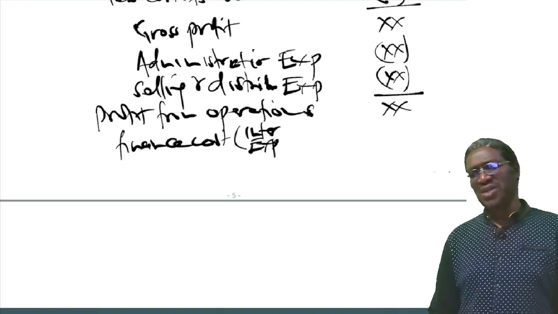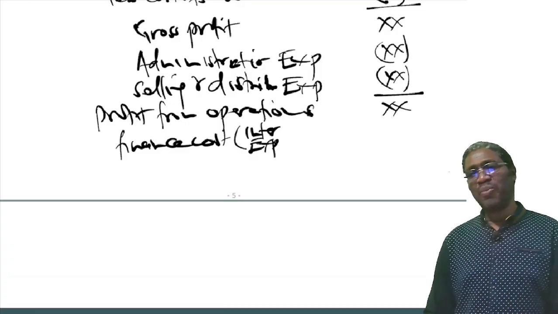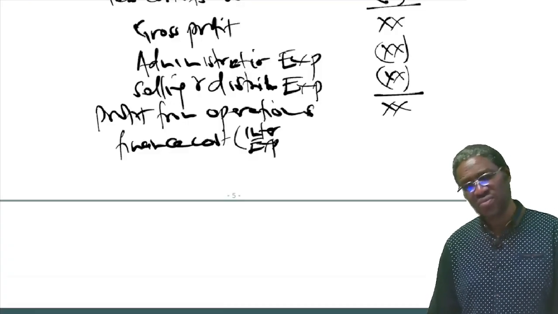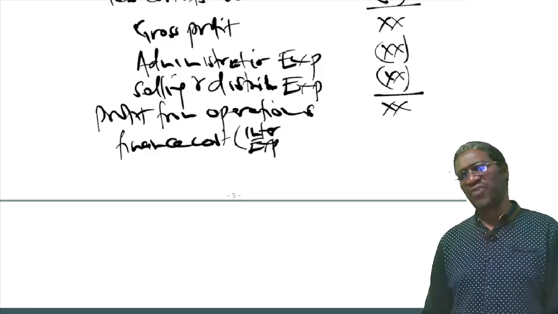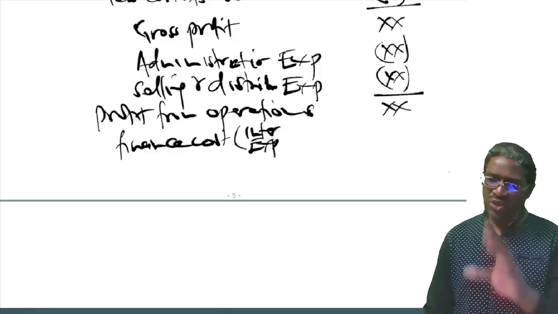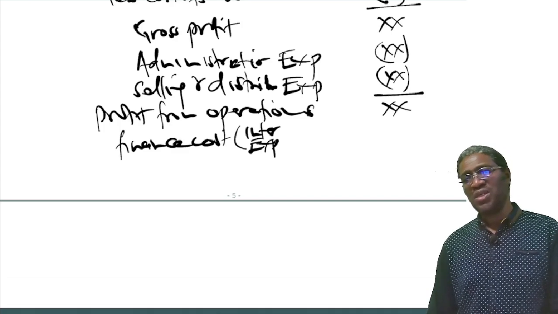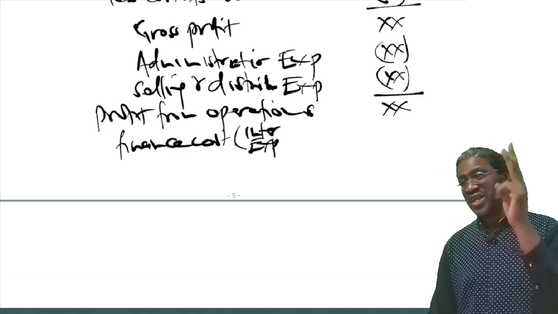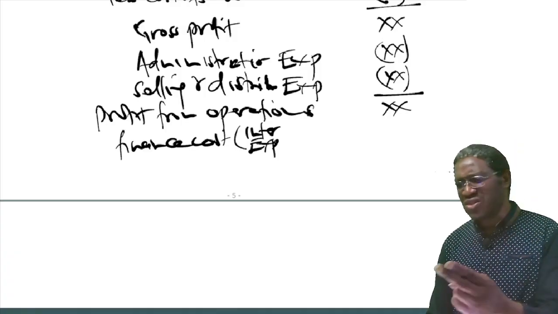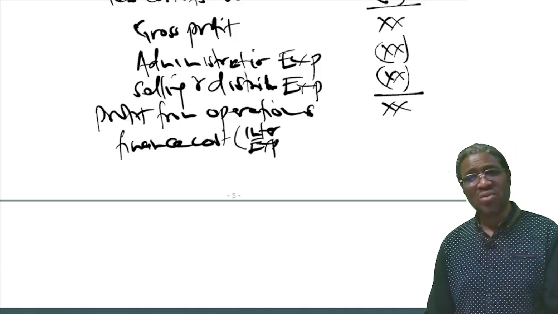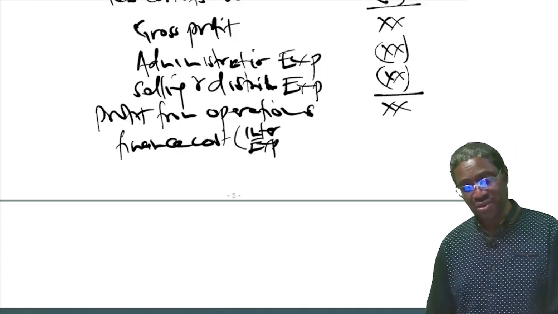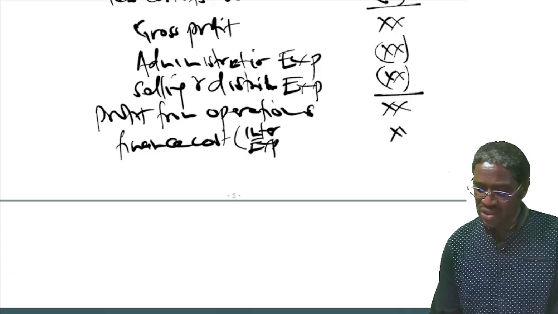When your company has issued some debentures, you pay interest on those debentures. I'm not saying it's the only one, but the major example of finance cost is the interest expense, whether it's interest on loan or on debenture, whatever interest you are paying. Whatever it is, you minus.